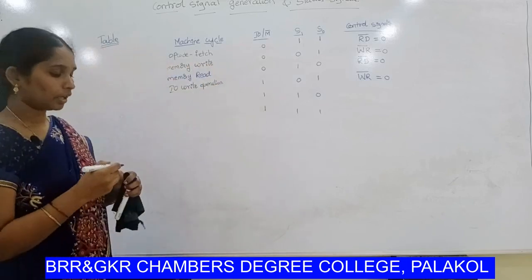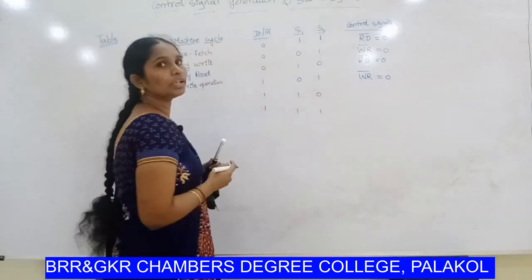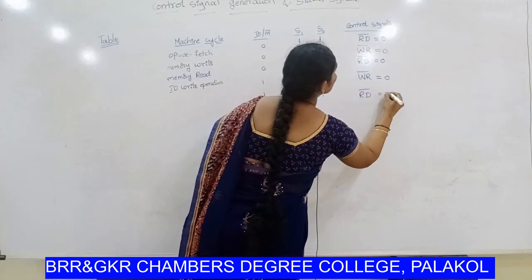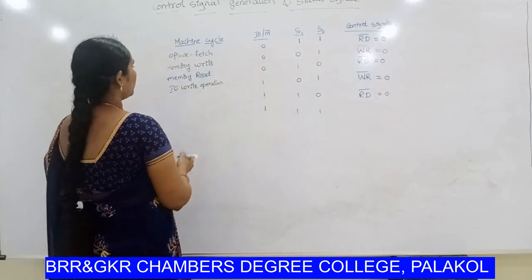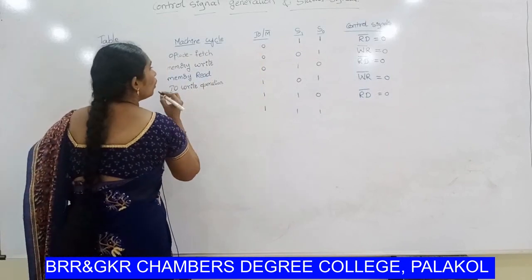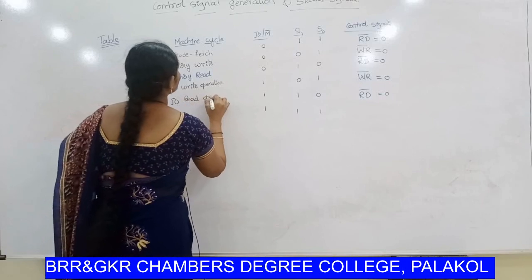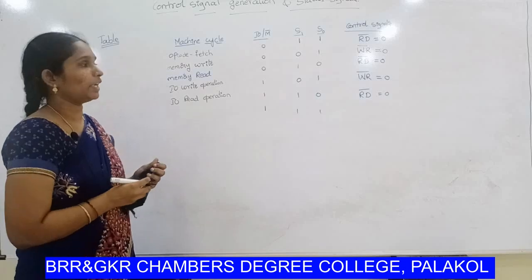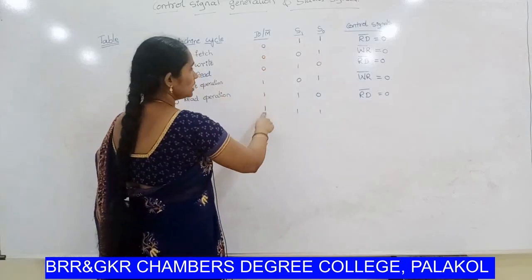After that it is 1 0. 1 0 is a read operation, so RD bar is equal to 0. Here 1 is an IO operation, therefore it is an IO read operation.